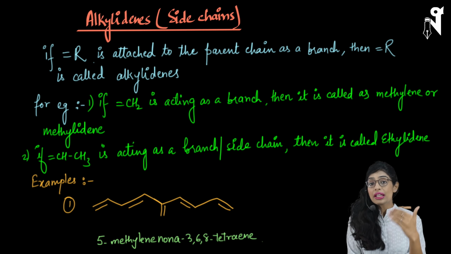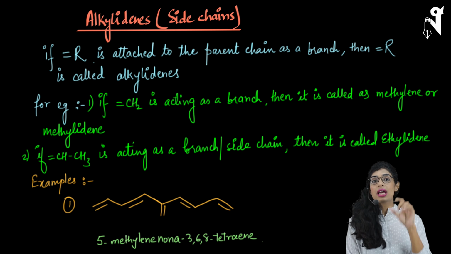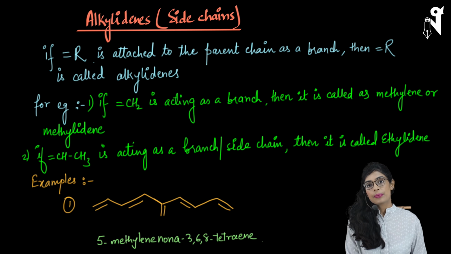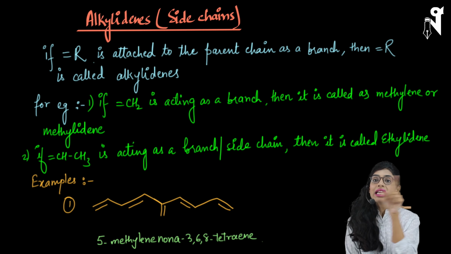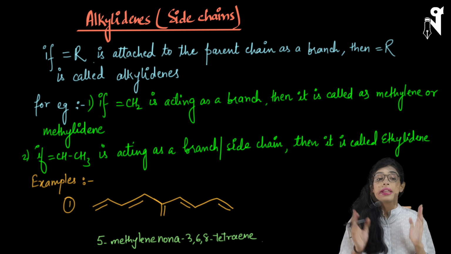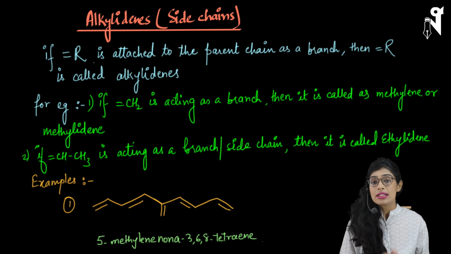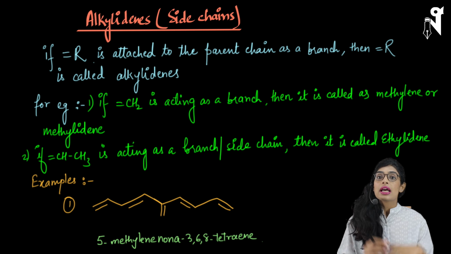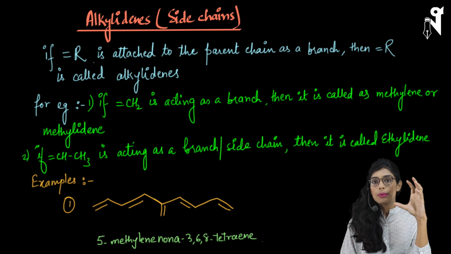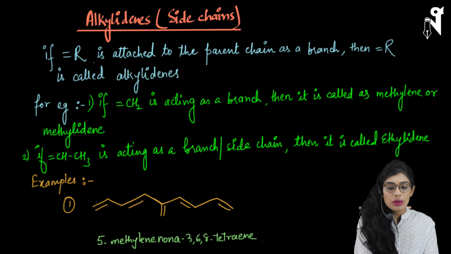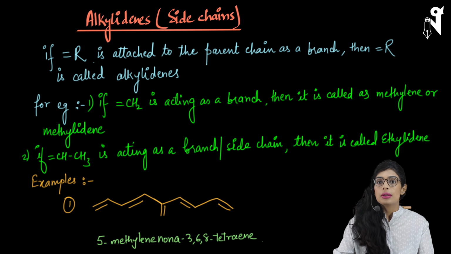Alkenyl groups have a carbon-carbon double bond in the branch itself, whereas an alkynyl group has a carbon-carbon triple bond in the branch. Now, what exactly are alkylidenes? Alkylidenes means there is a principal carbon chain, which I'll write on the screen.